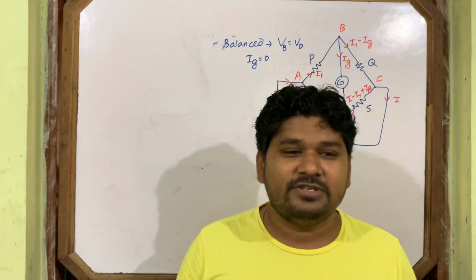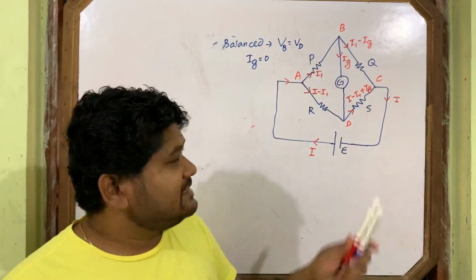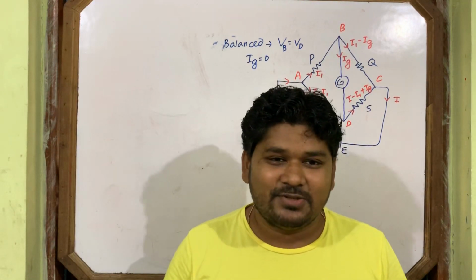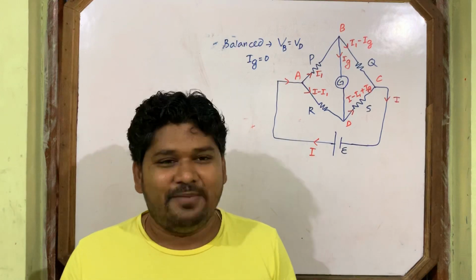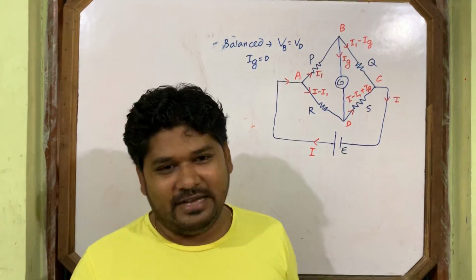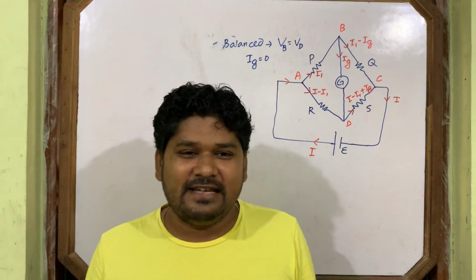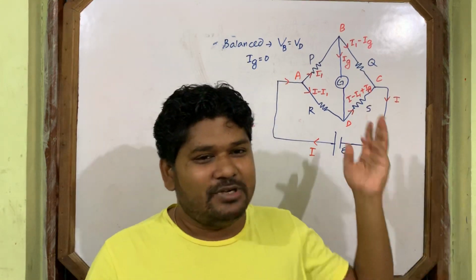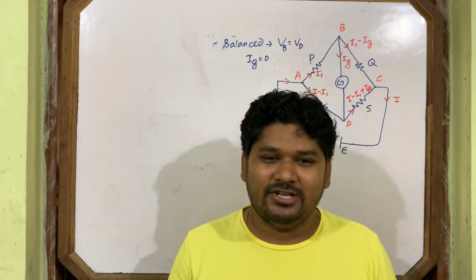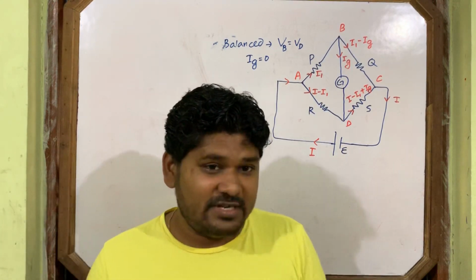IG is equal to 0. So it does not matter whether you take B at higher potential or D at higher potential, because in this special case the potential of B is the same as the potential of D, so in this derivation it doesn't matter. Now you understood?